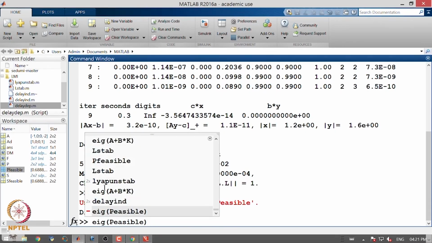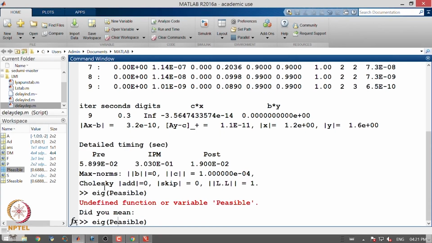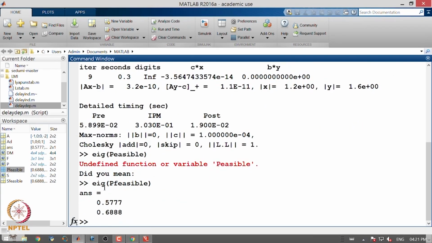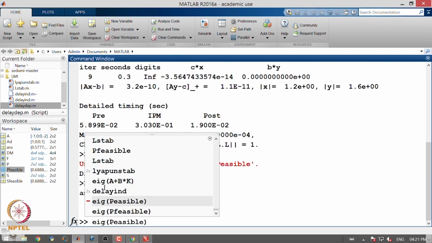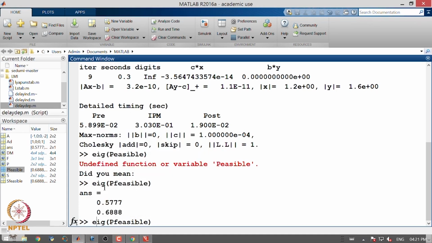Okay, so P is positive. Similarly, I can also check for the S feasible. Okay.